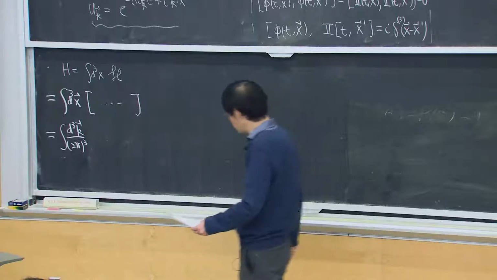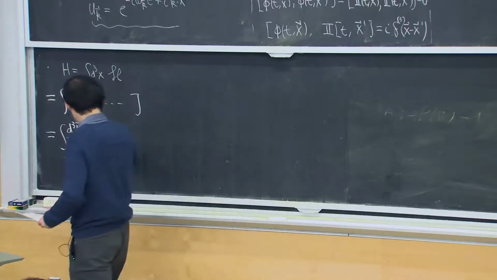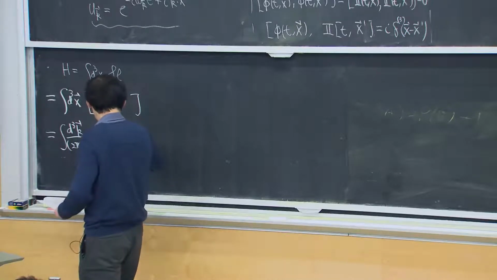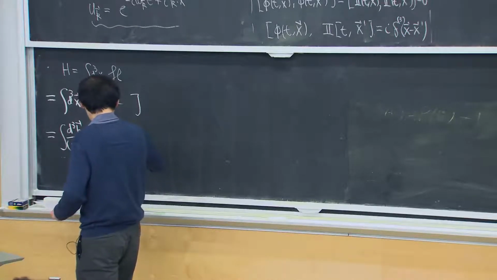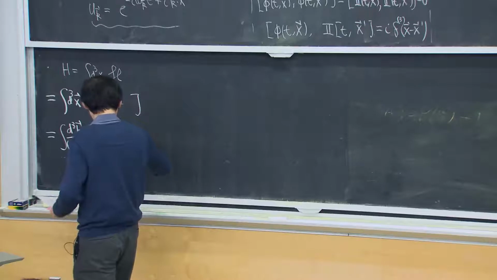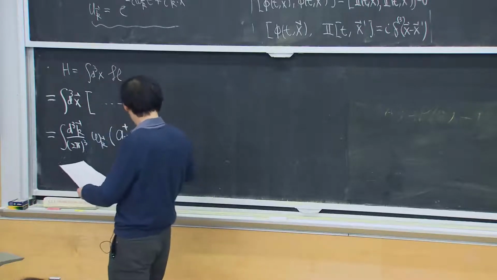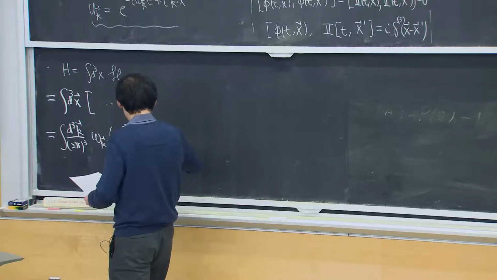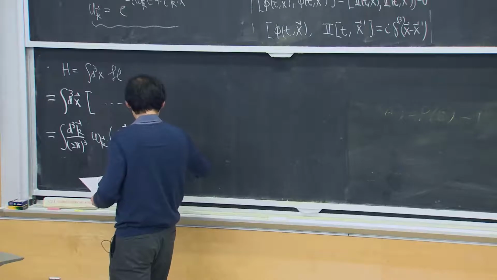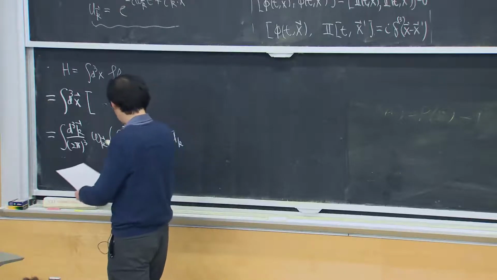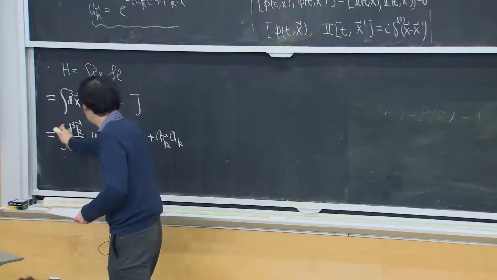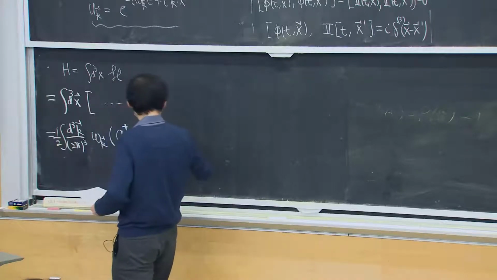And then what you find is you get omega k, and then you find a_k dagger a_k, and then plus a_k a_k dagger. Okay? So let me see. Yeah, actually, I think one half. Okay, just get that.